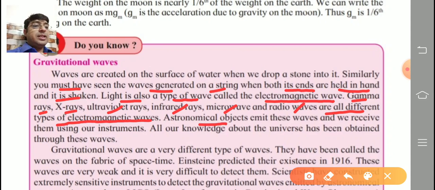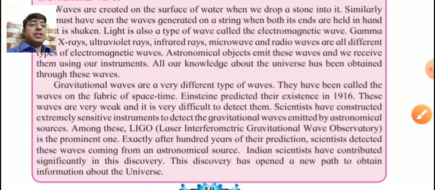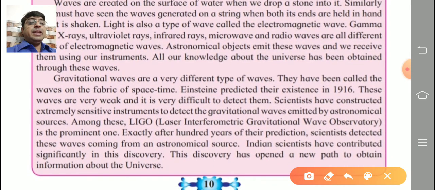Astronomical objects emit these waves, and we receive them using our instruments. All our knowledge about the universe has been obtained through these waves. Gravitational waves are a very different type of waves.